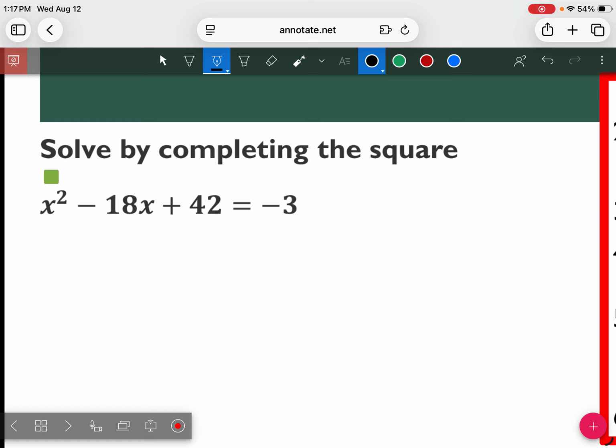Okay, yeah, so go ahead and type it in. Yep, that's good.